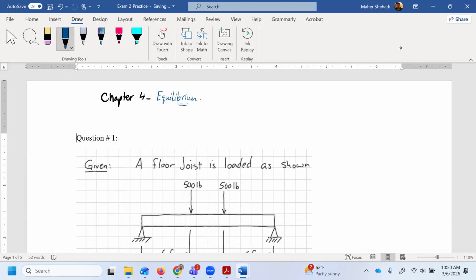But we need to know, for example, how to do a balance for a beam in order for us to do trusses and the bending and shear diagrams. So although the exam is only chapter 5 and the internal loading part, which is a separate chapter, we still need to know the three equations of equilibrium, and that's why we need to know chapter 4.